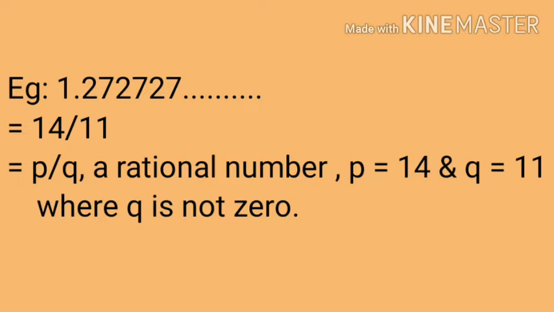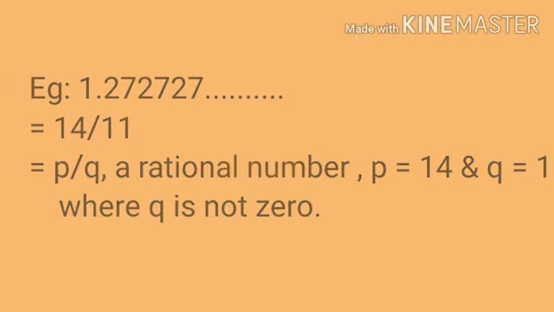P is 14 and q is 11. Therefore, the non-terminating and repeating decimal 1.272727 is equal to 14 upon 11, which is in the form of p by q, where p is integer and q is integer and q is not equal to 0. That is why it is an example for a rational number.